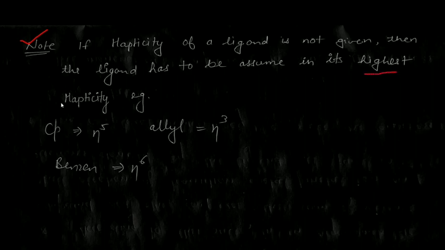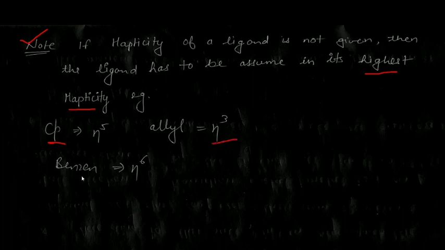For example, if the cyclopentadienyl ring is given, then we will consider its highest hapticity as 5, and if the allyl system is given and its hapticity is not given, then we will consider it as eta 3. In a similar way, benzene is treated as eta 6.